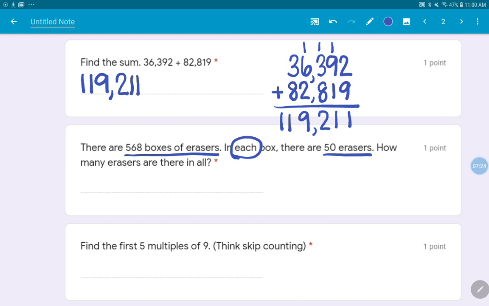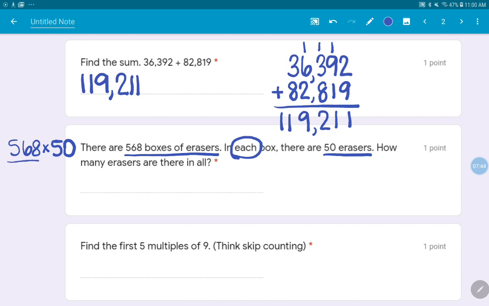So you get the 568, and then you times it by 50. Yeah, because there's 50 in each box. I have 568 boxes, so I'm going to multiply.